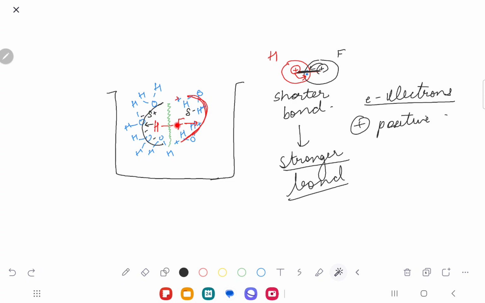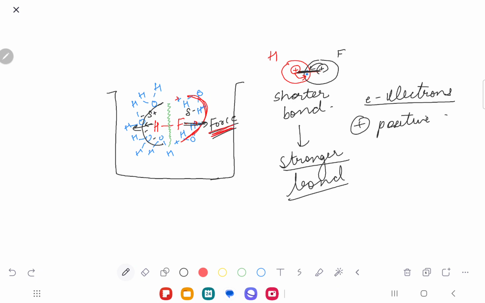Then, when we have this HF bond, I will have to add more and more water, because to pull H and F apart, you need a lot of force. And that lot of force is going to do what? That lot of force will break it.